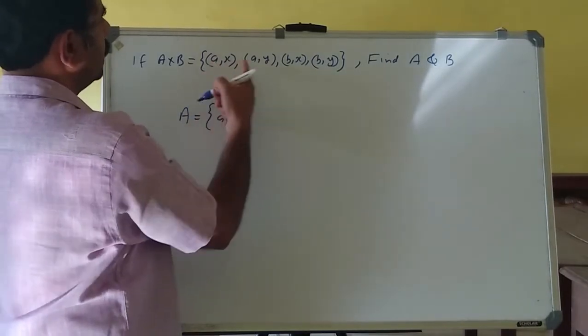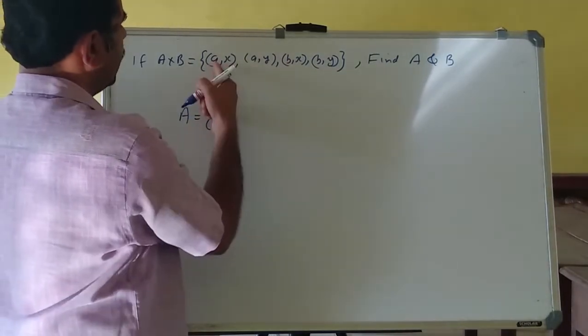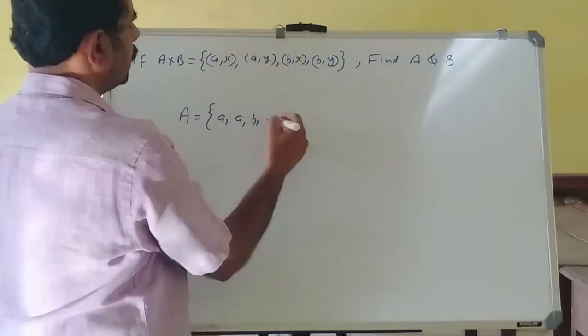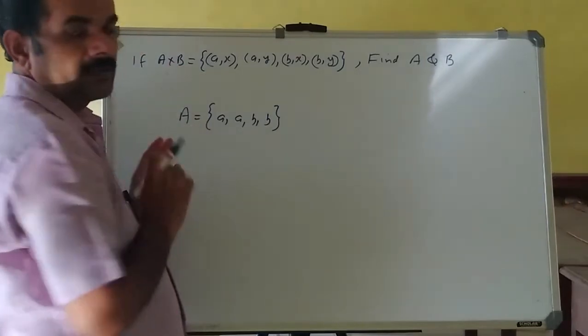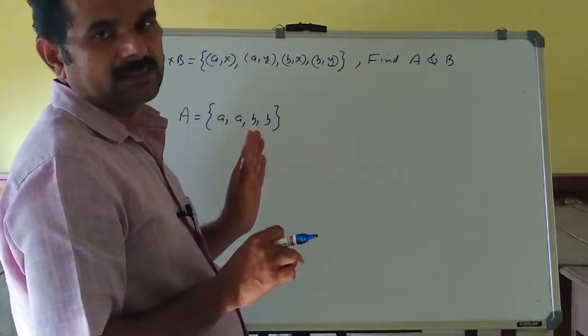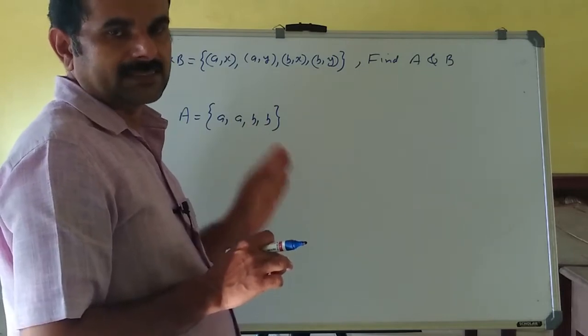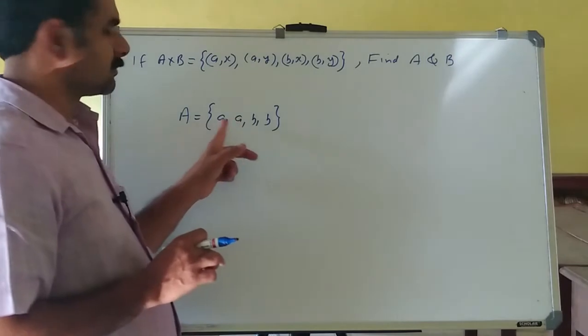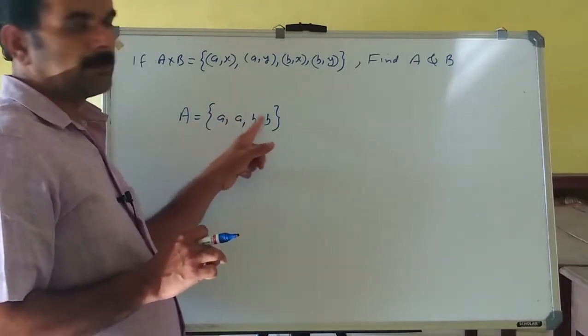A, a, b, b. But in the last chapter, we learned that elements of a set need not be repeated. So here a is repeated twice, similarly b.